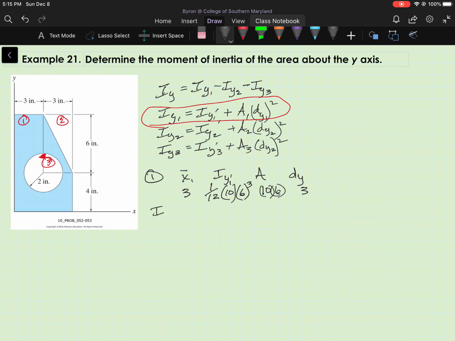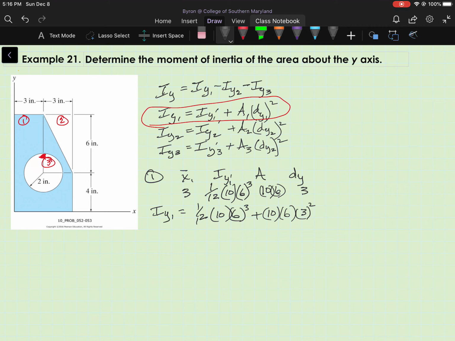So I'm going to say that I sub y1 equals 1/12 times 10 times 6 cubed plus the area, which is 10 times 6, times d sub y squared, which is 3 squared.